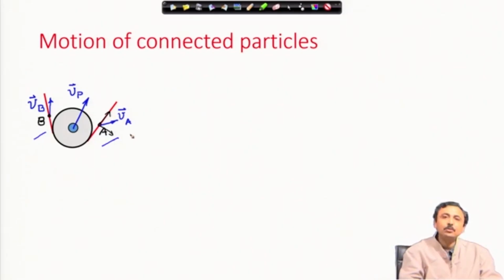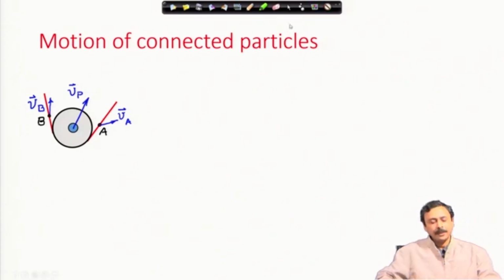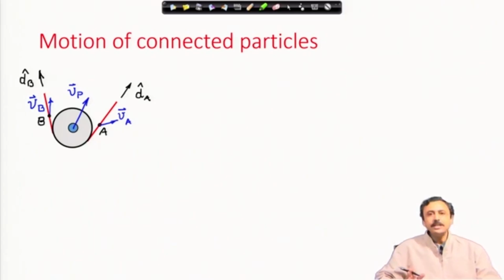So, V A is composed of these two components. Similarly, V B. I mark these two directions of the strings as dA cap and dB cap; they are unit vectors along the string.